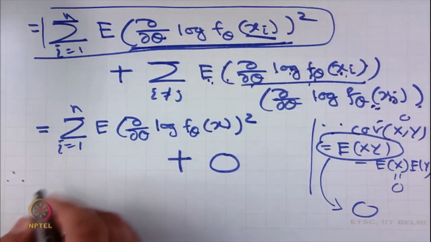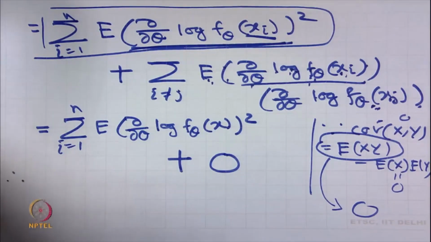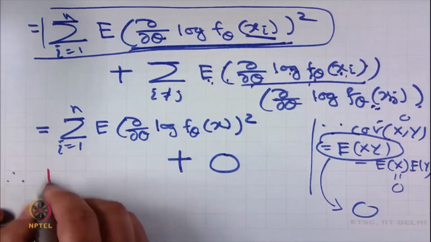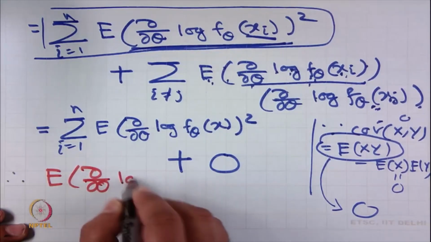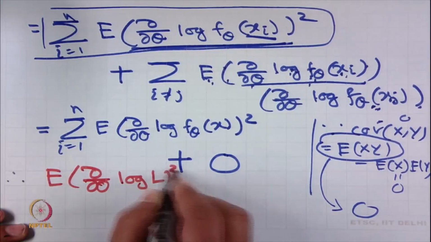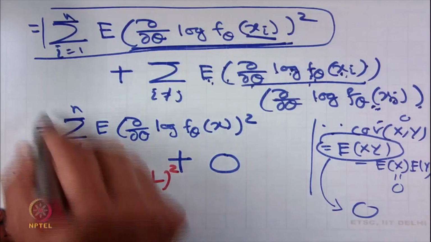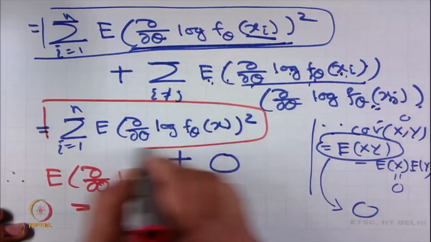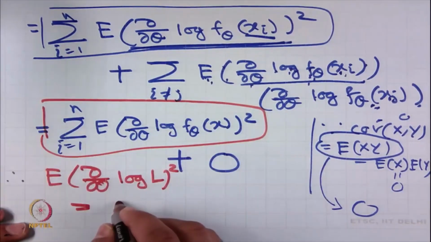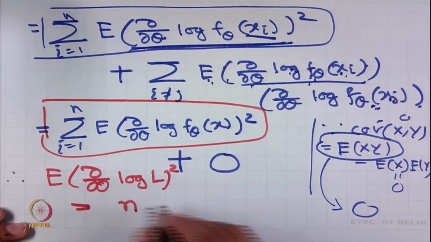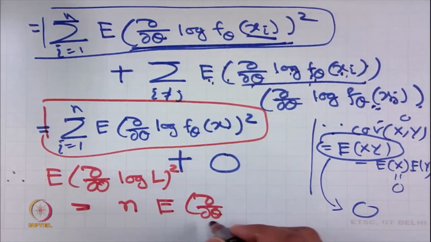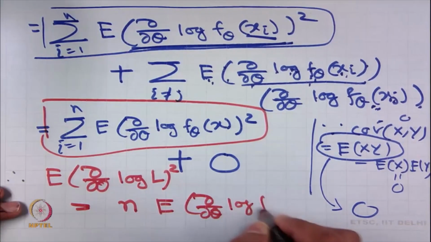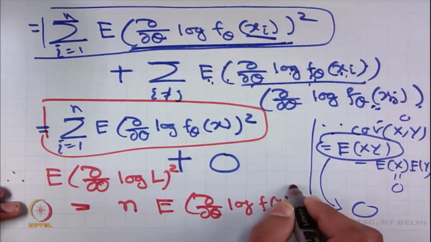Therefore, what we find is that expected value of del del theta of log L whole square is actually this term, which is nothing but n times expected value of del del theta log f of x whole square.